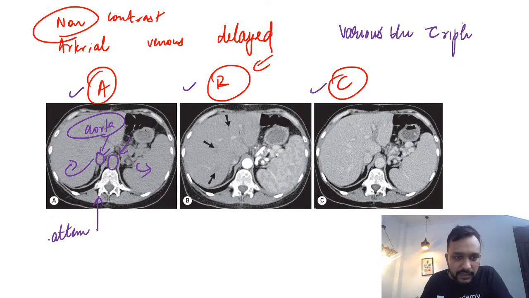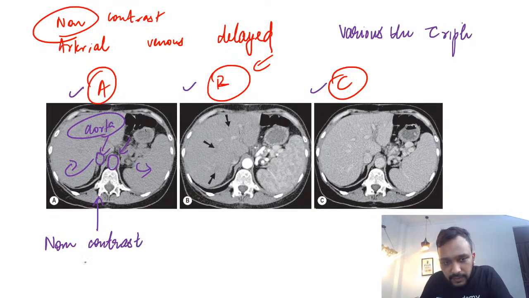So an image in which your aorta and the IVC are appearing hypodense and having similar enhancement as that of surrounding organs, that image guys you are going to label as a non-contrast image. Right?